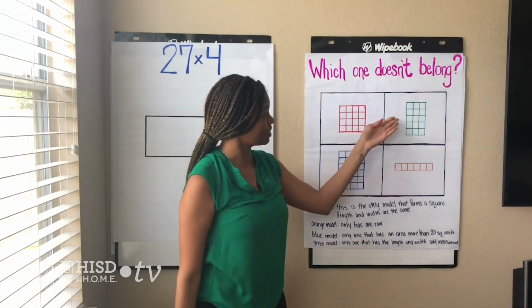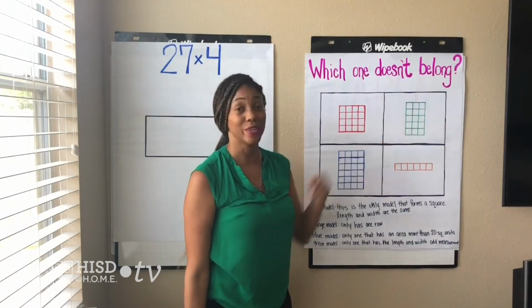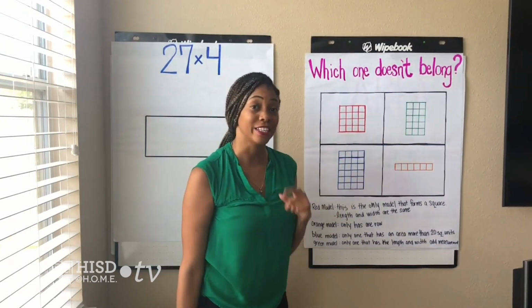And because that's the only one to have the length and the width as an odd measurement, that means my area is also going to be odd.